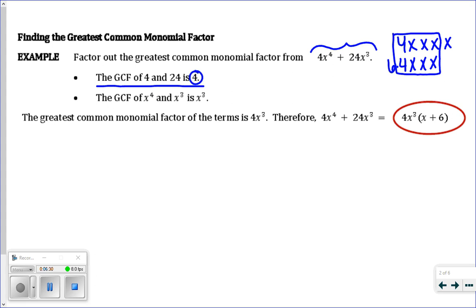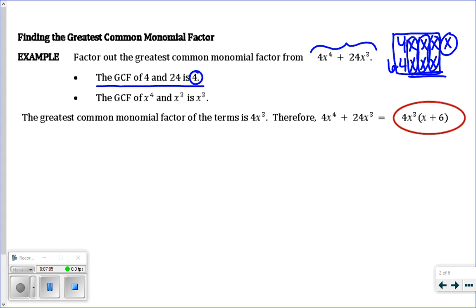That would be our GCF, all those factors that they have in common. As far as the variables, the lowest number is usually your GCF. Even though the top one has 4 x's in it, if the other one doesn't, then that's not a common factor. This last one right here is one they do not have in common. They only have 1, 2, 3 that they both have in common.